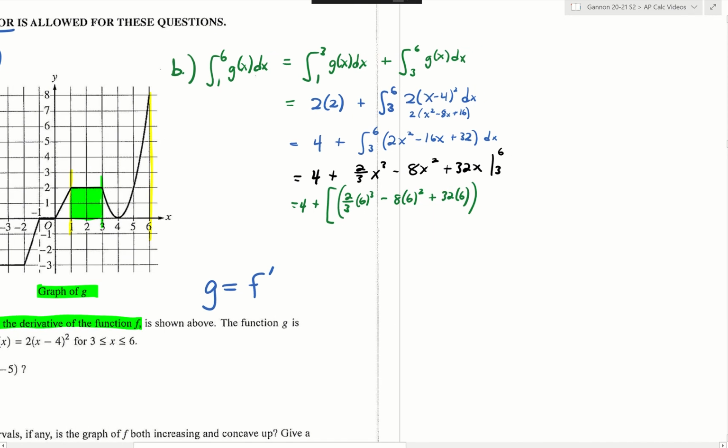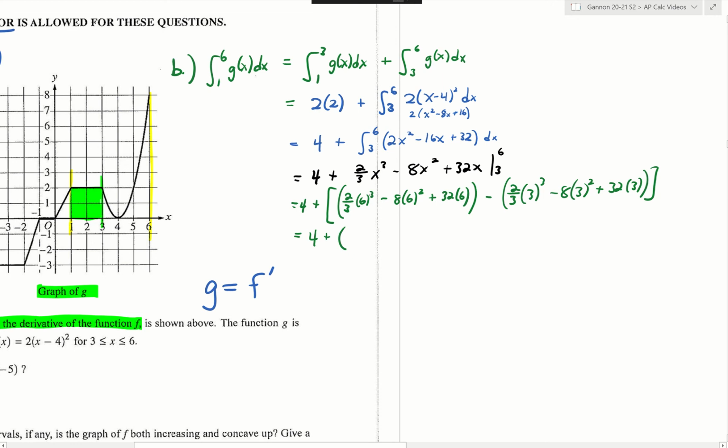And then from that, you're going to subtract 2/3 of 3 cubed minus 8 times 3 squared, plus 32 times 3. Obviously, it would help to have a calculator here with us, but let's just see what we got. 6 cubed is 216.